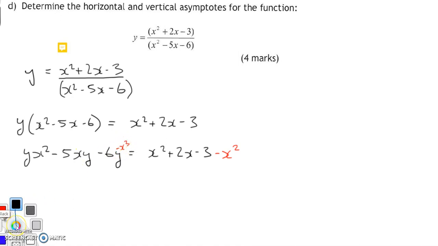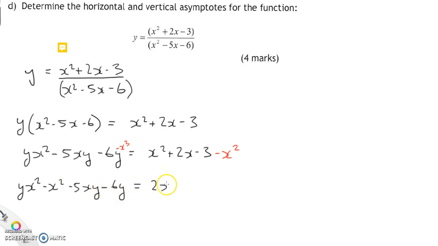Right, I'm going to rewrite that as yx squared minus x squared minus 5xy minus 6y equals 2x minus 3. Now we can factor out the x squared from these first two terms.